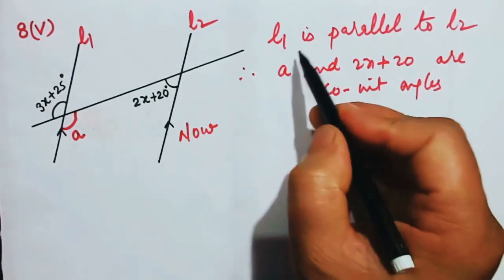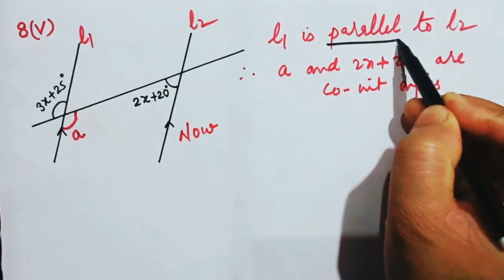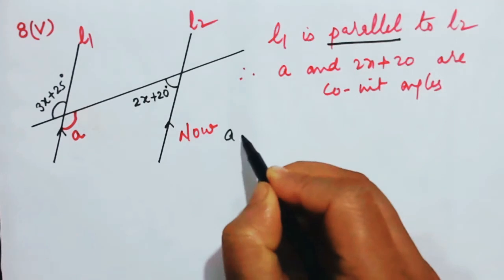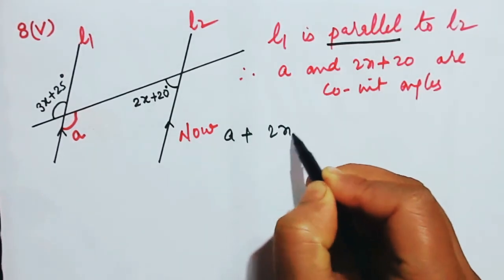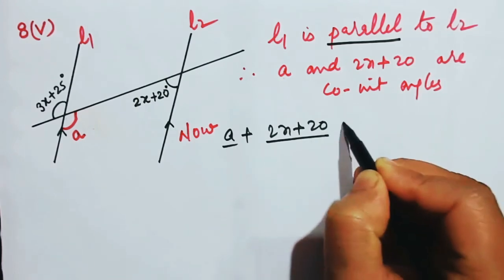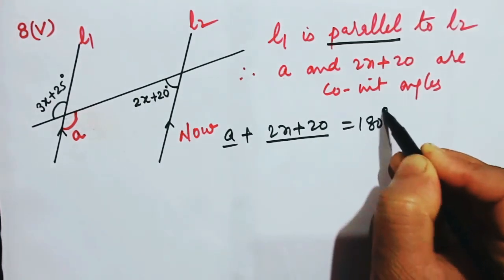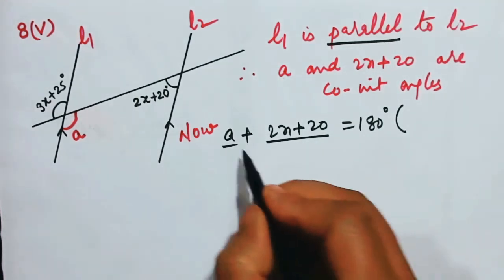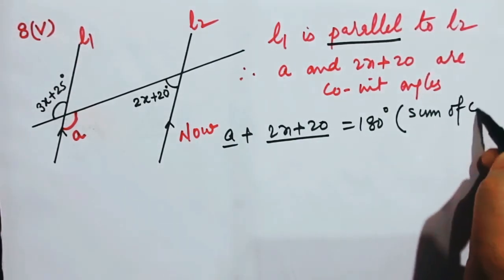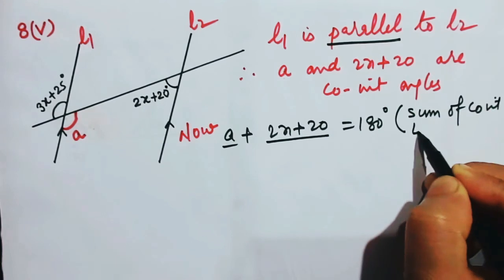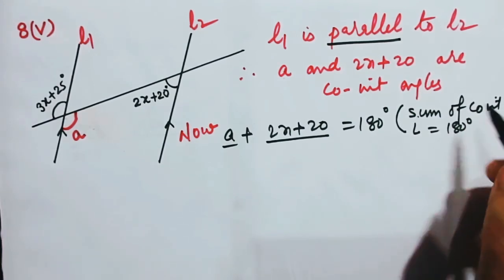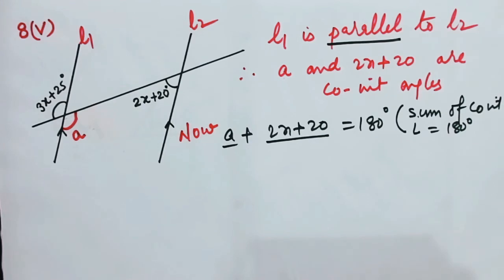Since the lines are parallel, therefore A plus 2x plus 20 will be equal to 180 degree. Why? Because the sum of co-interior angles will be equal to 180 degree when the lines are parallel.